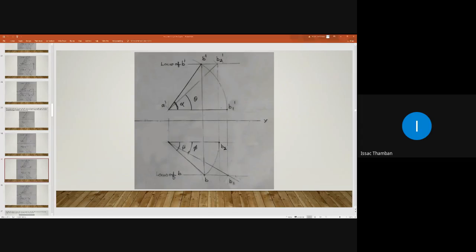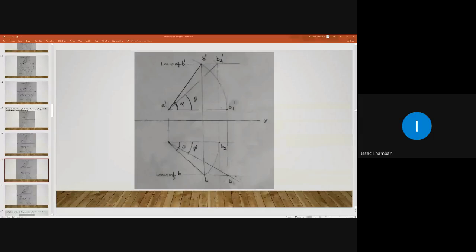What is the value of this? 55 mm. What is the value of theta?